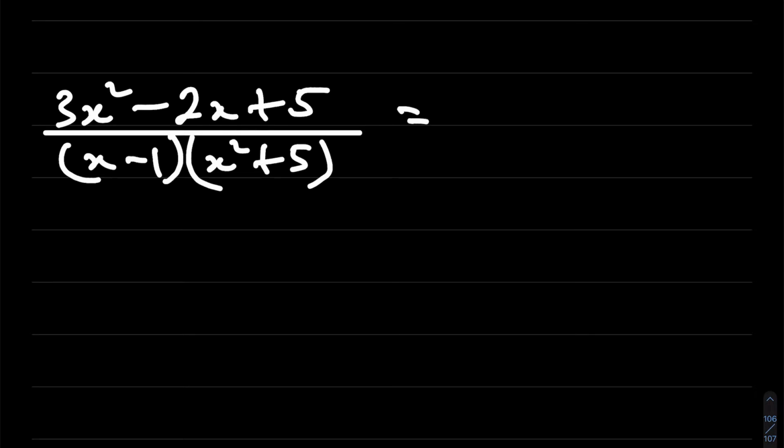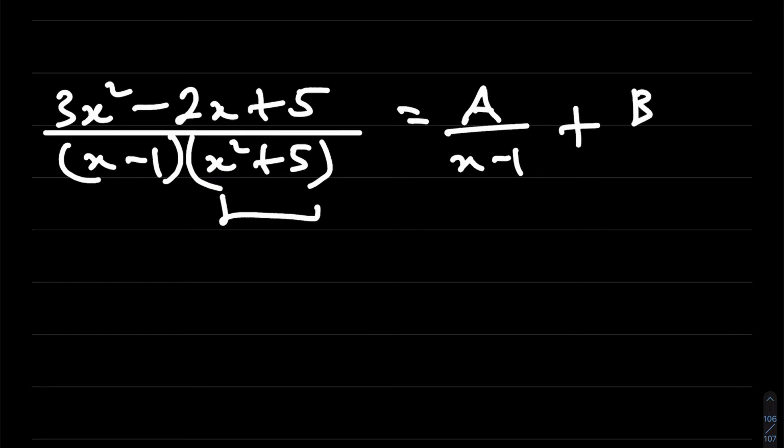Now this will be equal to A over x minus 1 plus, since x squared plus 5 is a quadratic factor which cannot be factorized, the numerator of its partial fraction will be Bx plus C all over x squared plus 5.